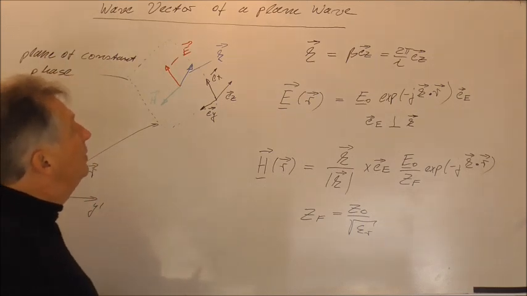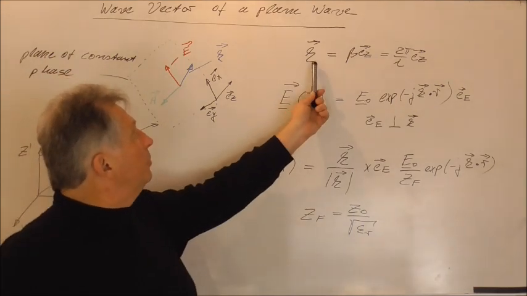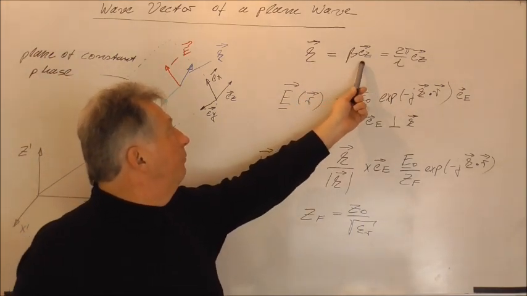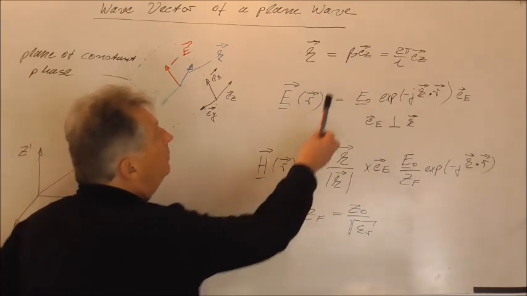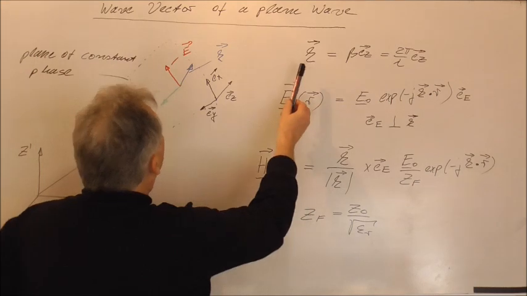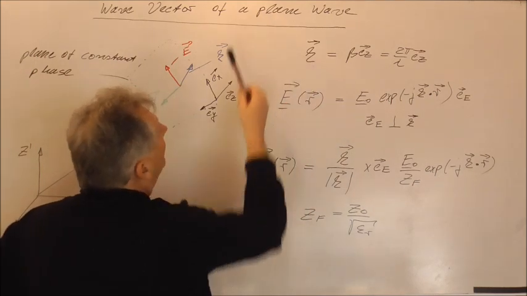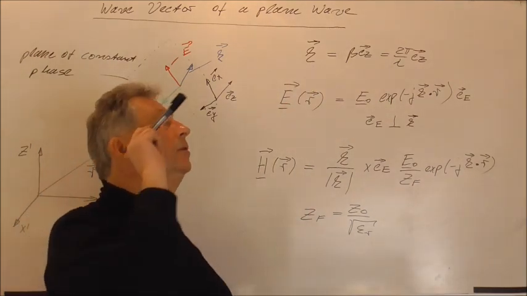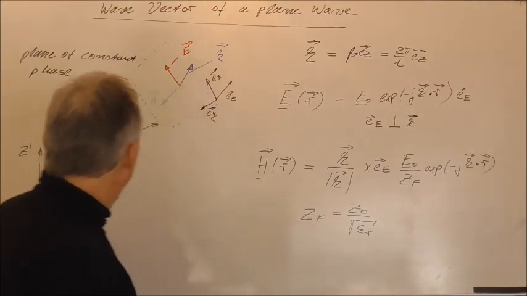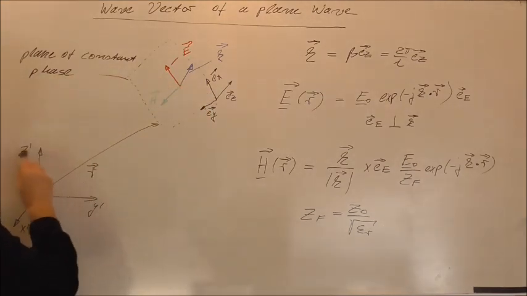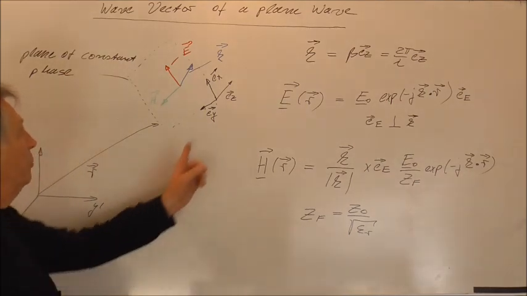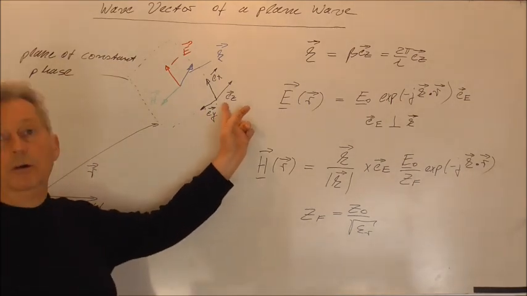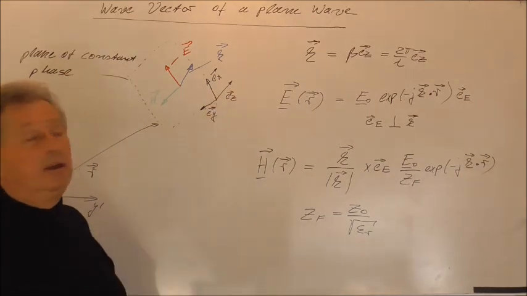So we started our considerations with a plane wave propagating in the z direction, and what we can introduce now is a so-called wave vector, which will describe the direction of propagation. In a different coordinate system, of course, this can have any direction, or in our original coordinate system it has the z direction.